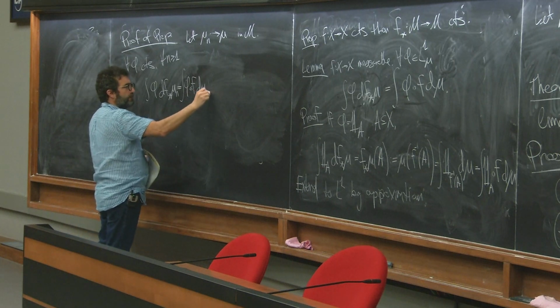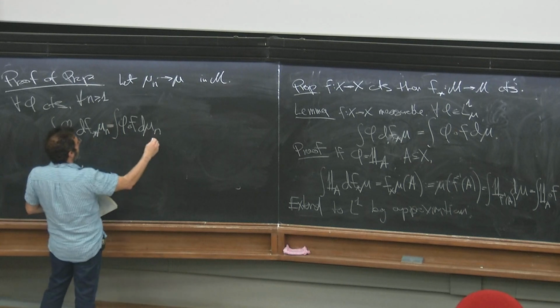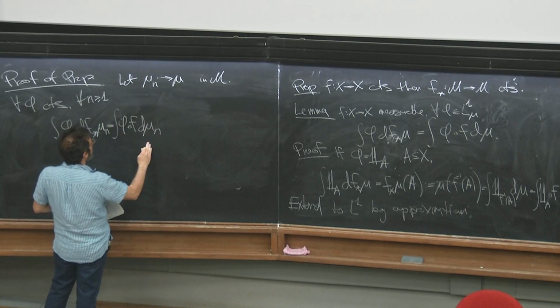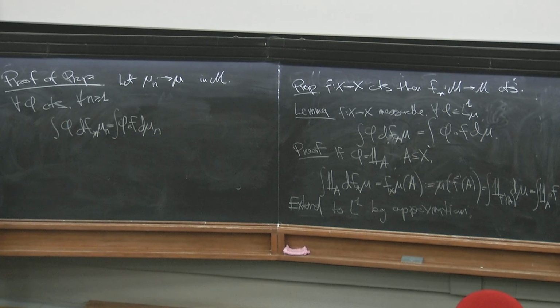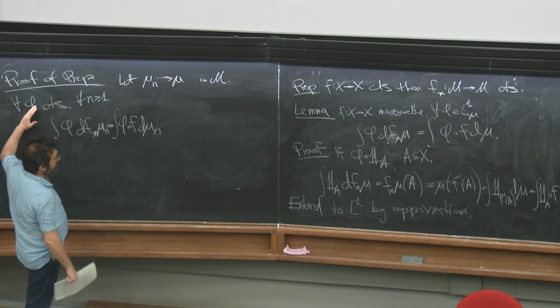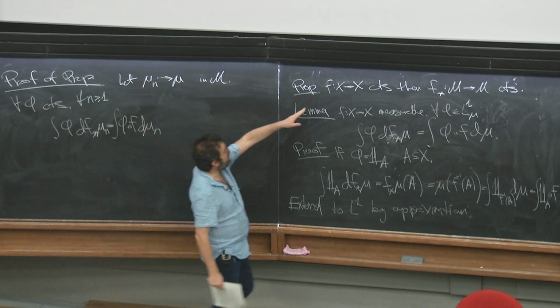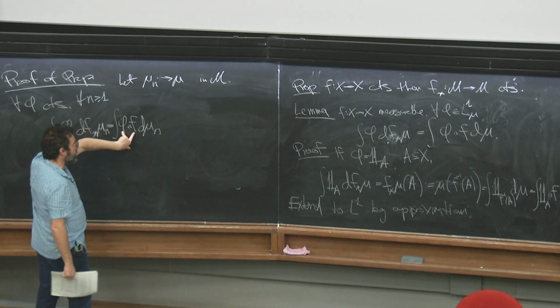Now here, I have that phi composed with f is a continuous function, right? This is why I'm choosing phi continuous, and I need to assume here that f is continuous, because that means the composition is continuous.